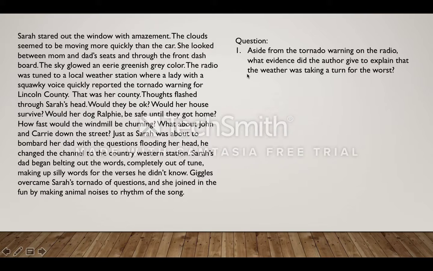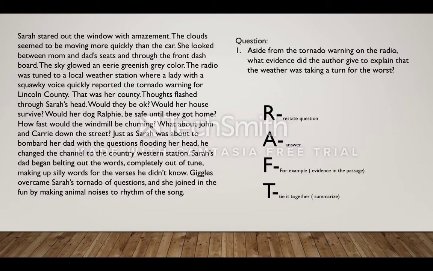Aside from the tornado warning on the radio, what evidence did the author give to explain that the weather was taking a turn for the worst? First thing I do is I have my students write the acronym RAFT on their paper. As the students are writing, the acronym RAFT provides a self-checklist to make sure they've met every requirement to become a better writer and to get full credit for their written response.